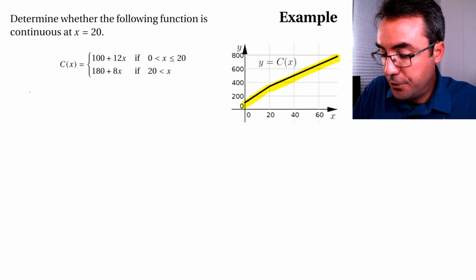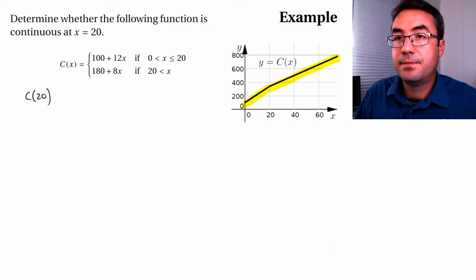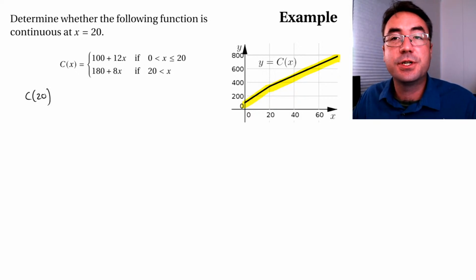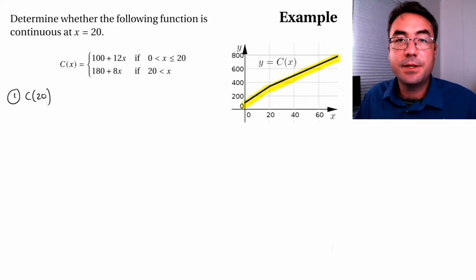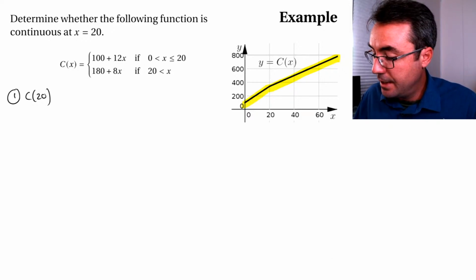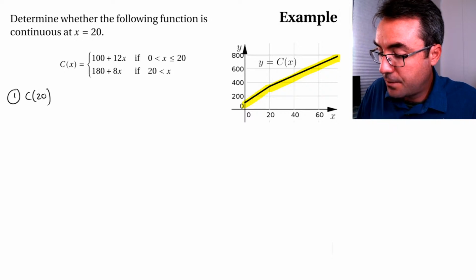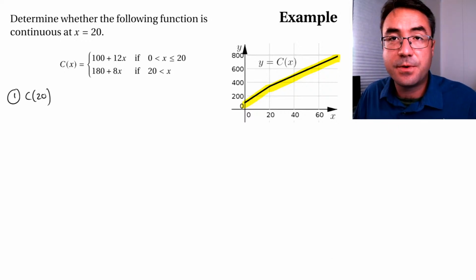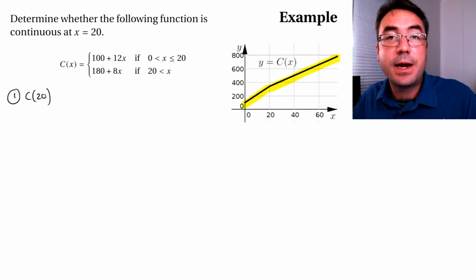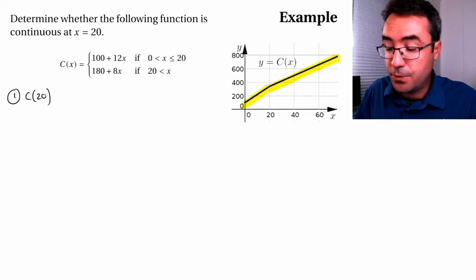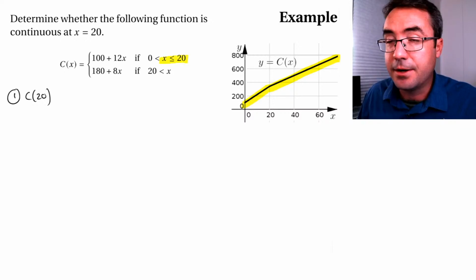So first thing we want to do, plug in, make sure our function is defined. So we want to plug 20 into this function. And so to do that, we look for where it's a piecewise function. So we're looking for the piece that tells us what happens when x is equal to 20. And we see that right here.